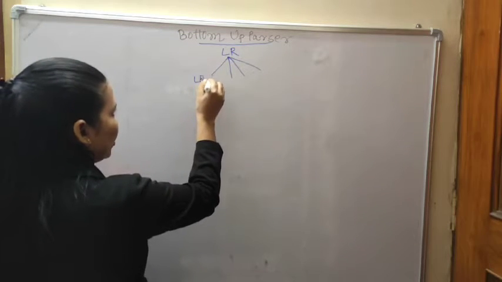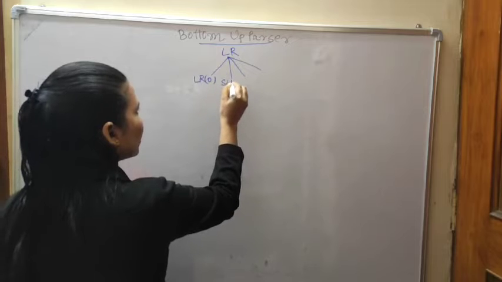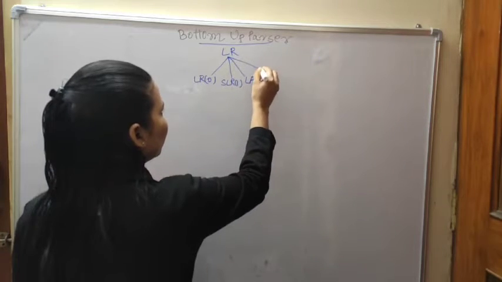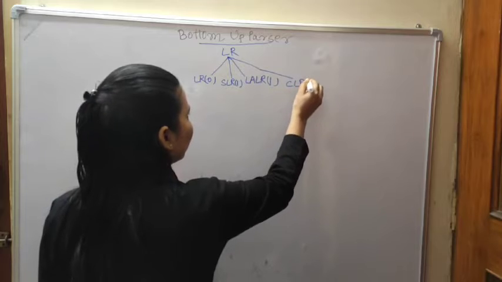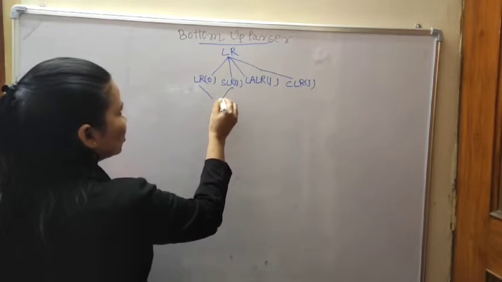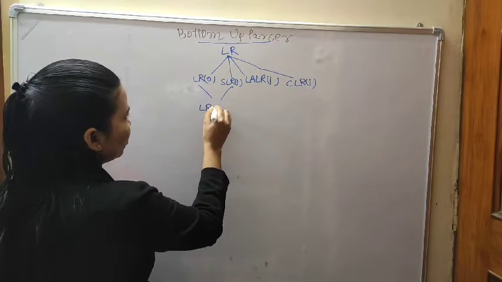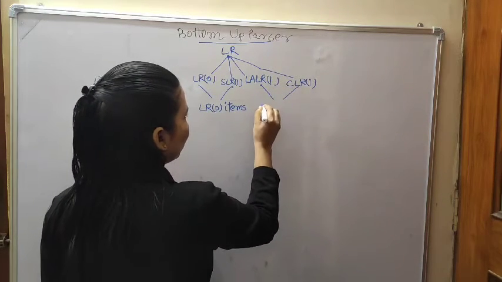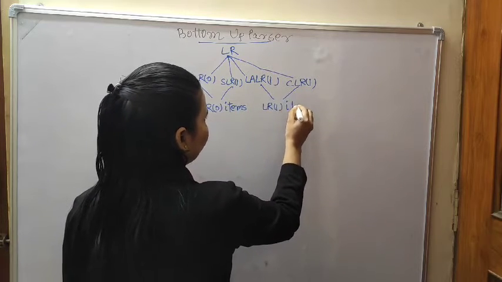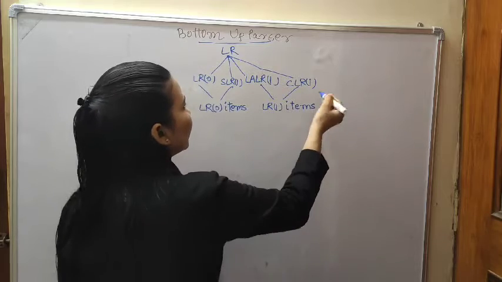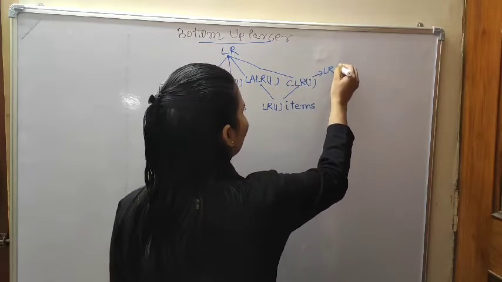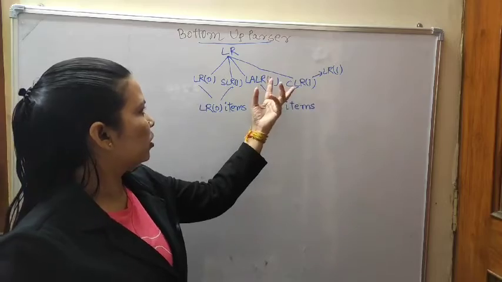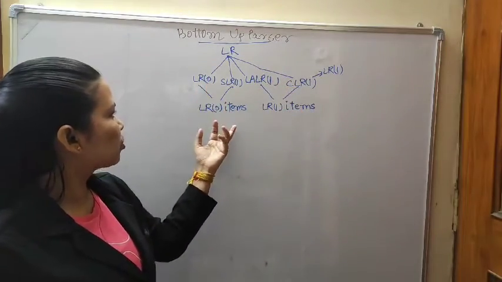One is LR0, second is SLR1, third is LALR1, and fourth is CLR1. The first two are called LR0 items, and the last two are called LR1 items. CLR1's another name is LR1.